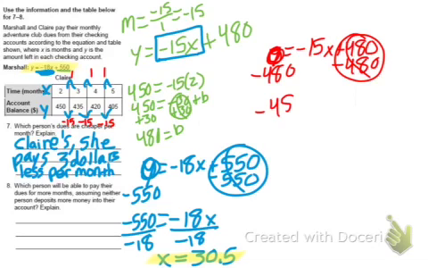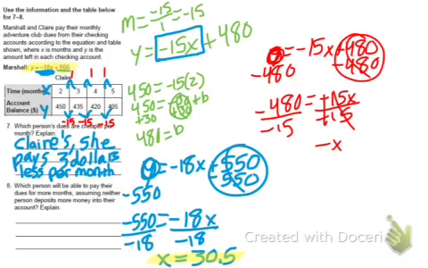So negative 480 equals negative 15x. Divide by negative 15 on both sides to get x by itself. And x equals 32. So Claire can pay her dues for 32 months.